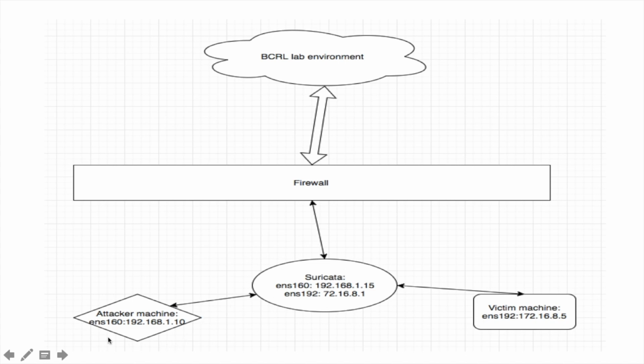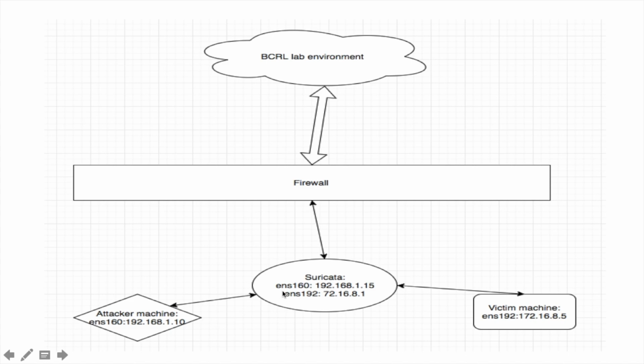We have two networks: one is ens160, and the other is the victim network, ens192. The victim machine has the IP address 172.16.8.5. The attacker machine is in a different network and has the IP address 192.168.1.10.